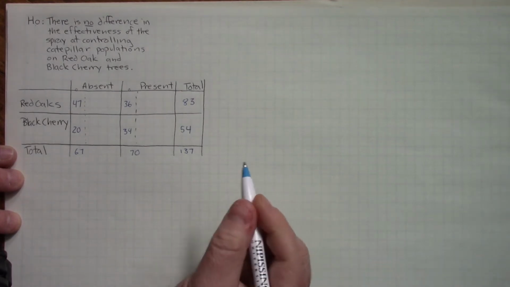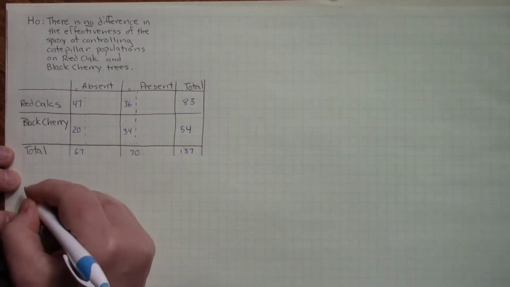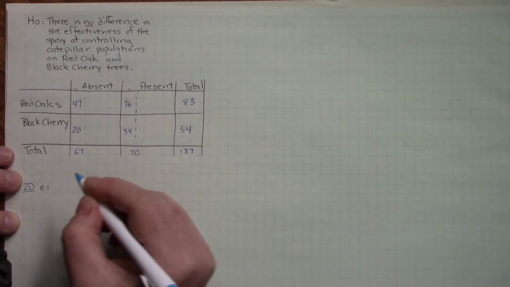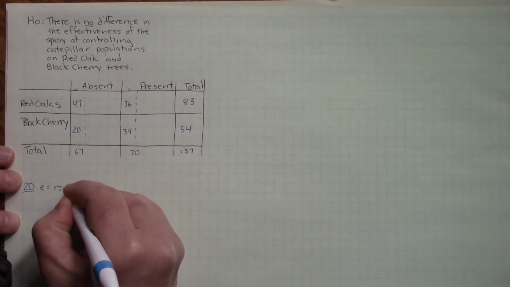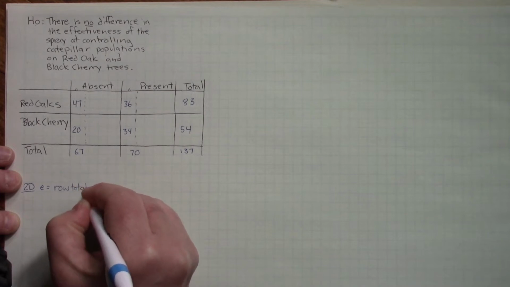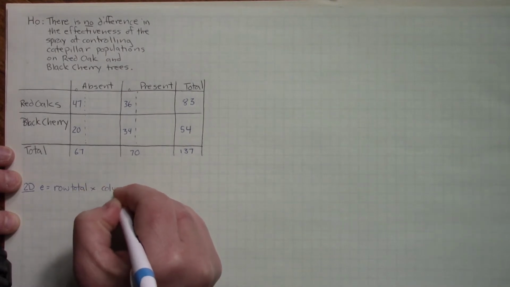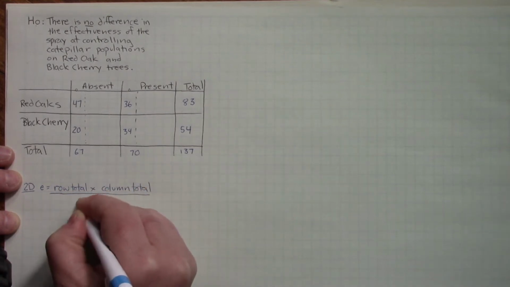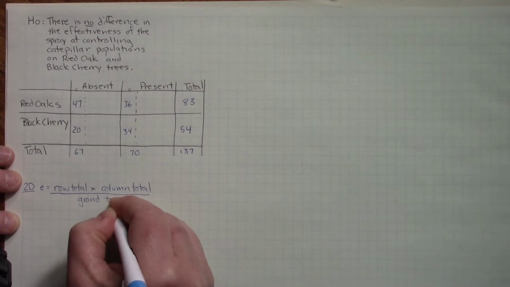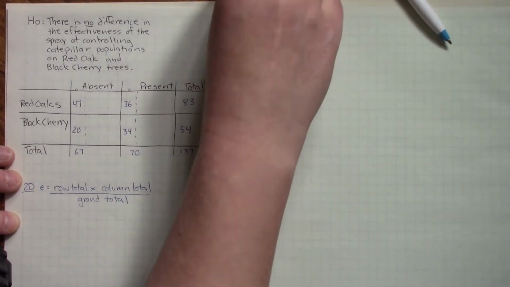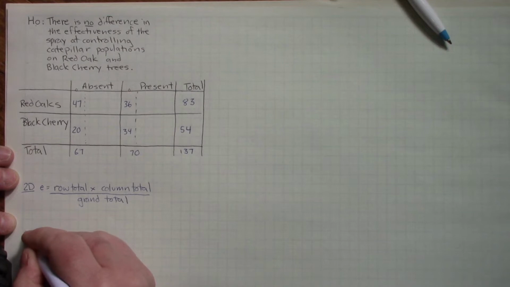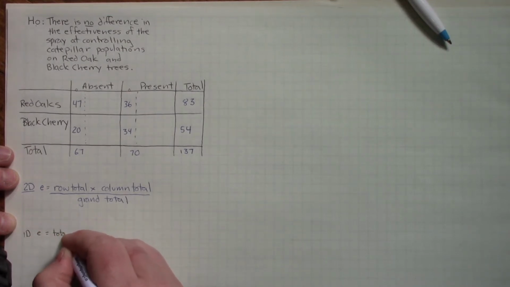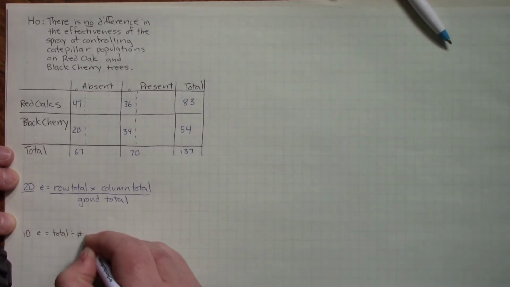So now we need to calculate our expected values. In a two-dimensional equation, expected equals the row total times the column total divided by the grand total. Now, if you recall, our one-dimensional expected was just our total divided by the number of categories.